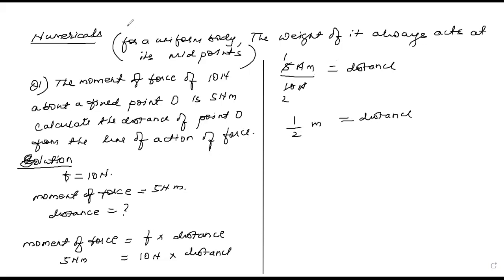So we'll write the answer the way they have asked. They want to calculate the distance of the point O from the line of action of force. So we'll write like this.